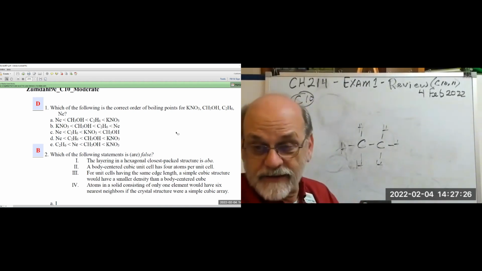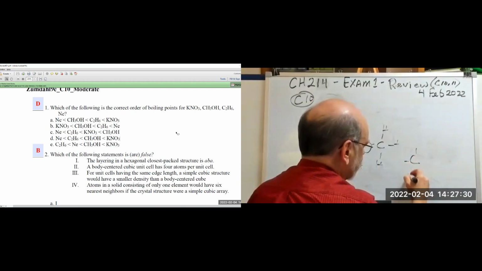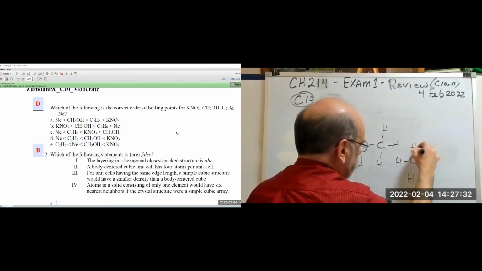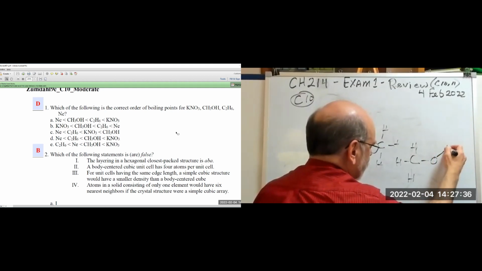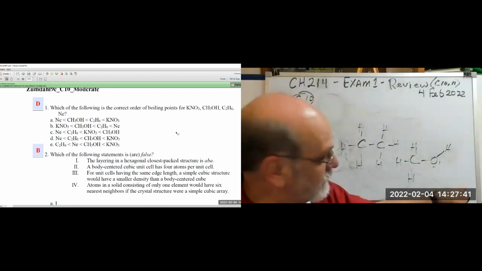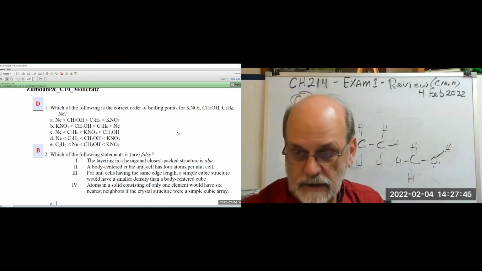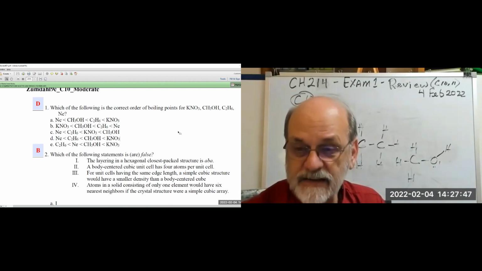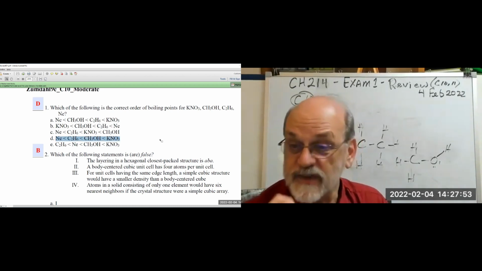Whereas CH3OH has hydrogen bonding, right? So it's going to be closer to potassium nitrate than ethane. So that's why D is the best answer for this one.